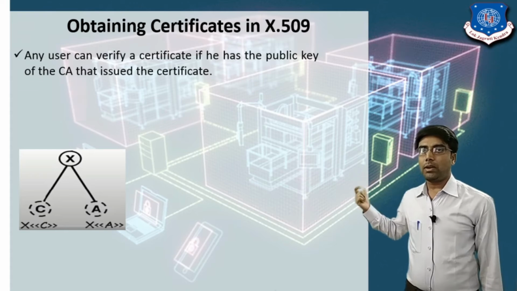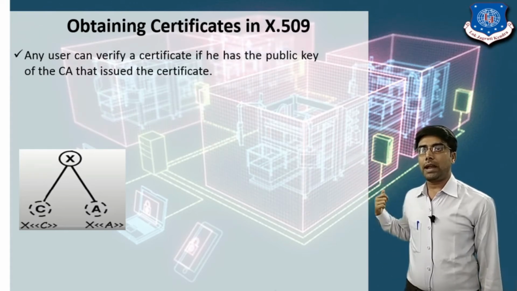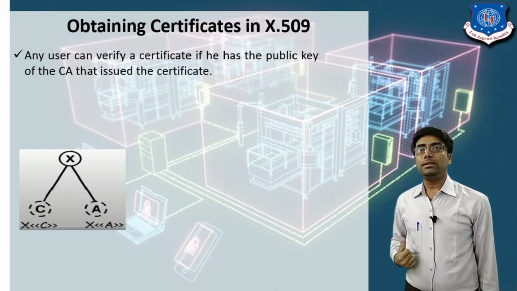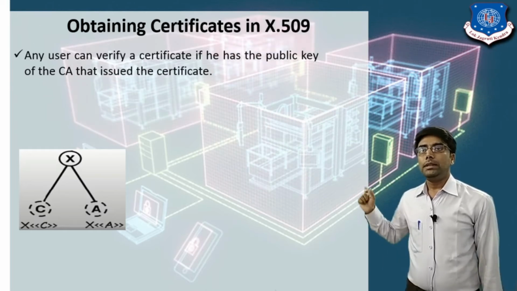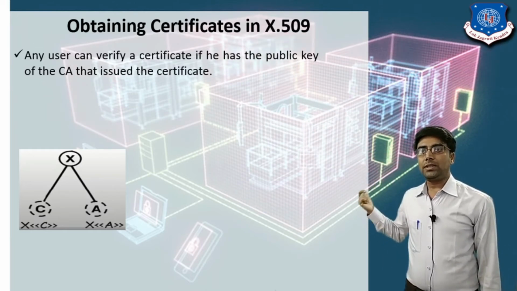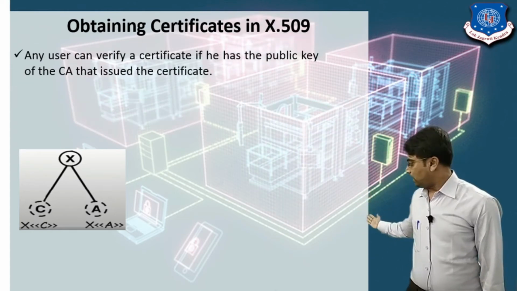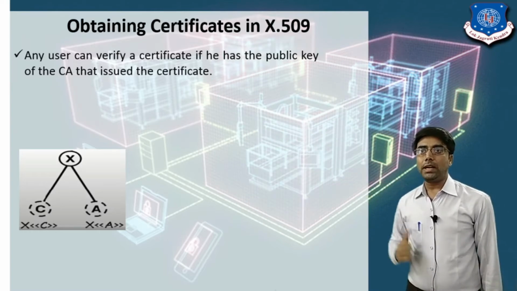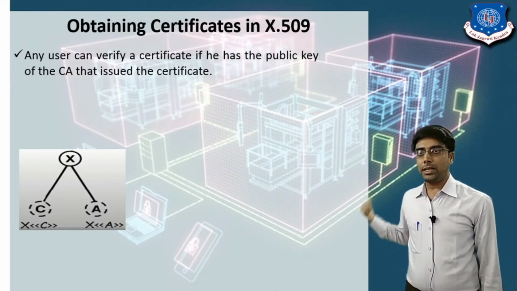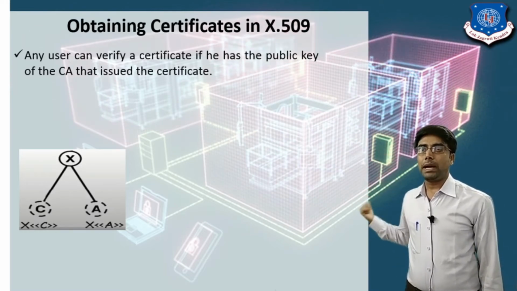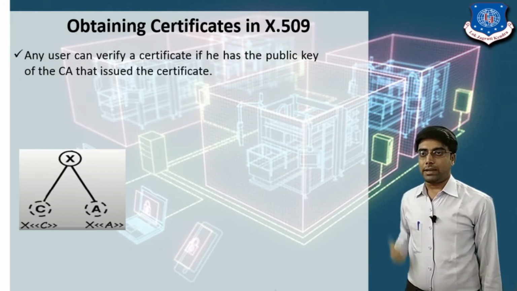Now the certificate authority will generate the certificate and send it to user C. The notation of the certificate generation is X of C. X of C means the certificate of C is generated by certificate authority X.